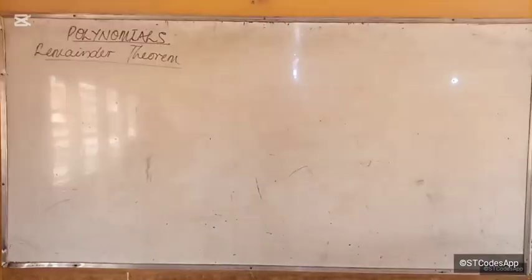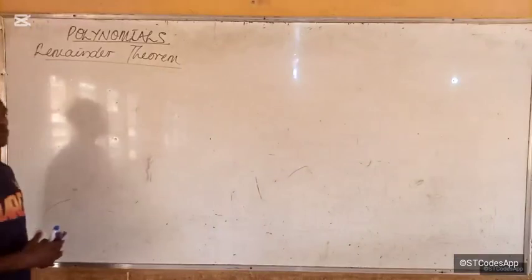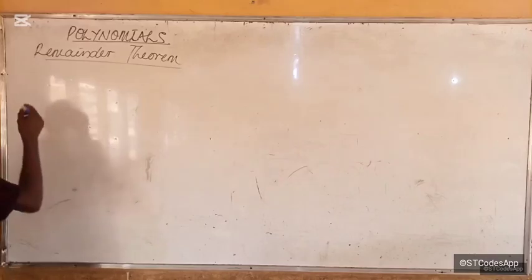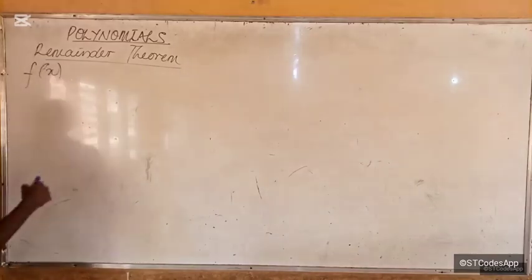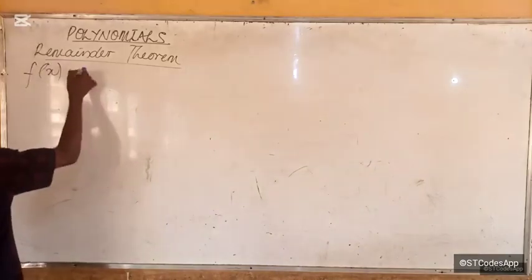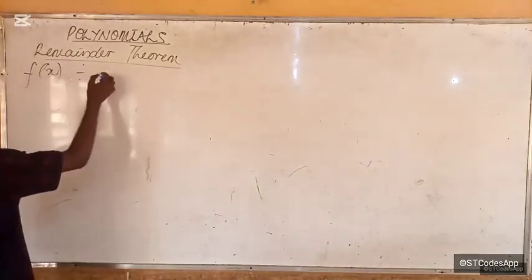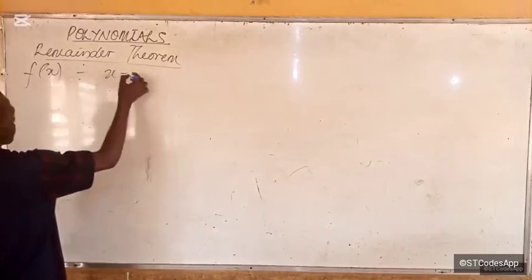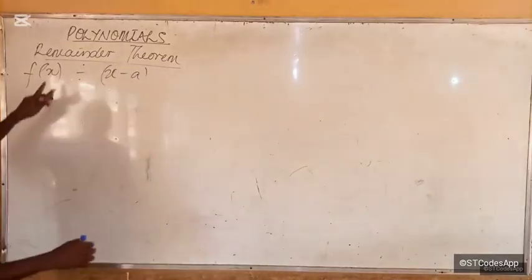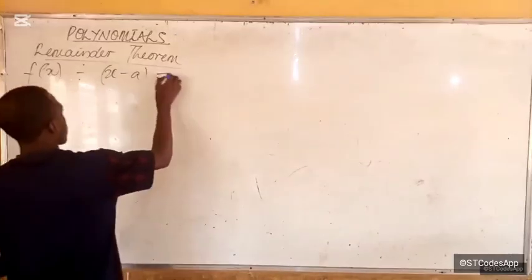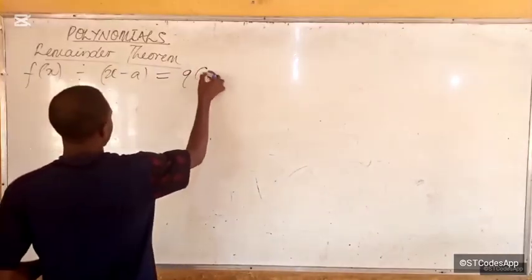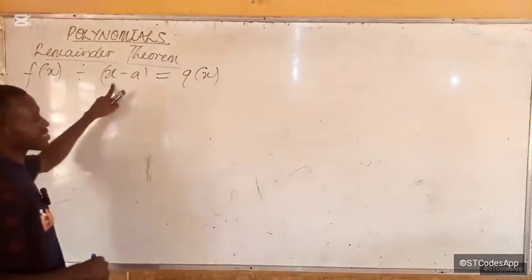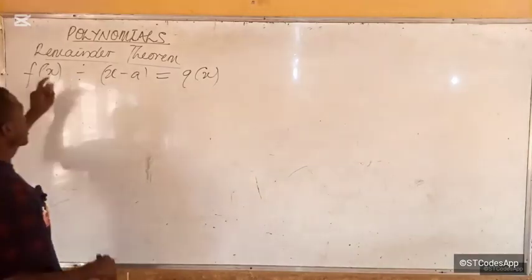Now let's deal with the remainder theorem. The remainder theorem of polynomials states that if I wanted to divide a polynomial f of x by a particular monomial x minus a, my result will be another polynomial q of x, which is 1 degree less than the original polynomial.